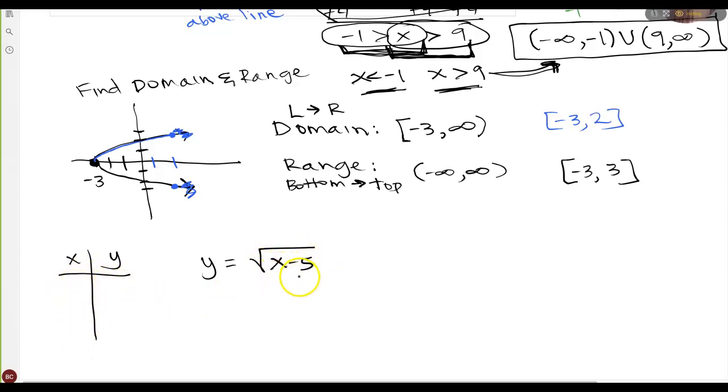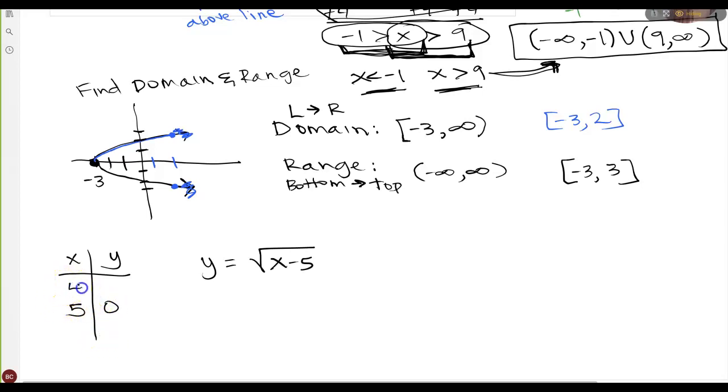It's a little bit different on these square root graphs, because it's kind of hard to tell where the starting point is unless you figure out where this is going to be 0. Do you see, if I do 5 minus 5, that gives me 0 there. That's where I'd want to have my starting point.